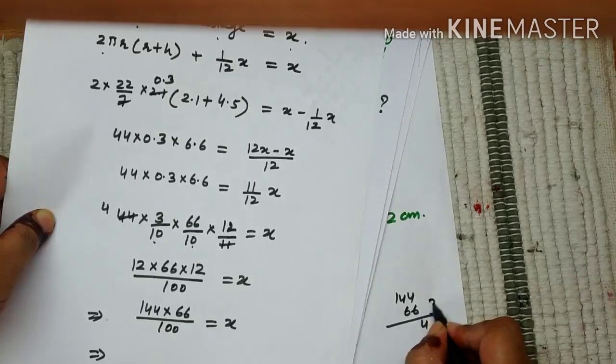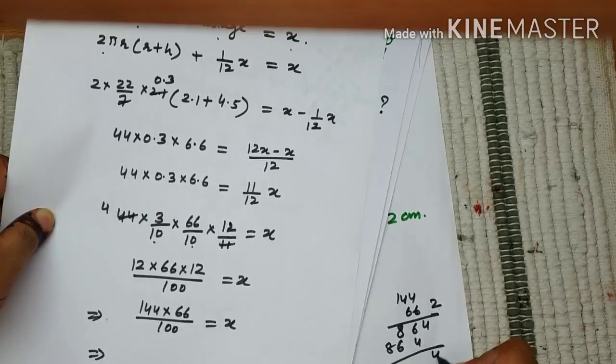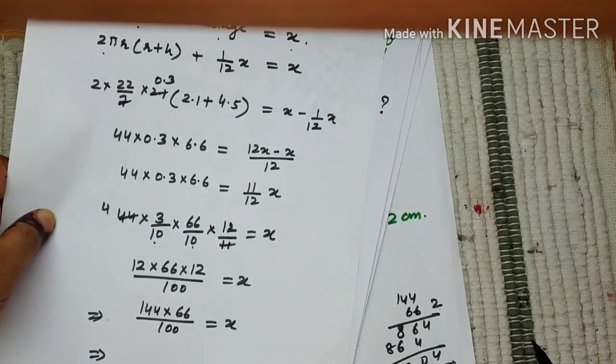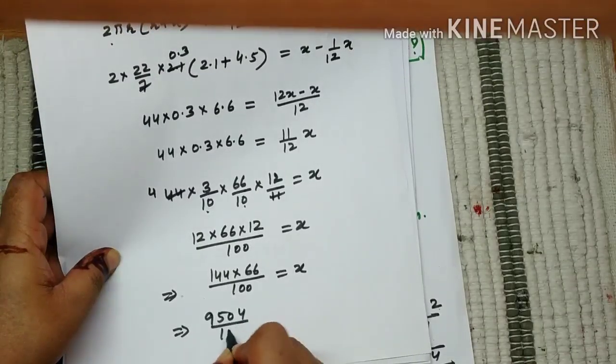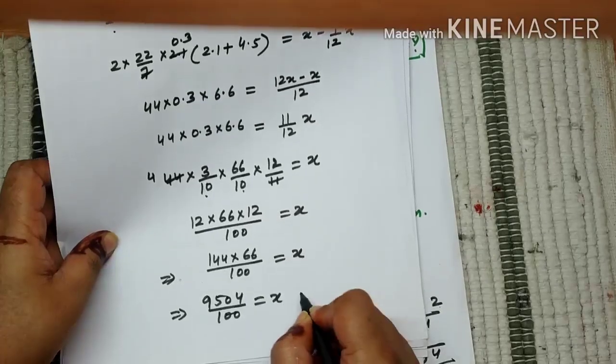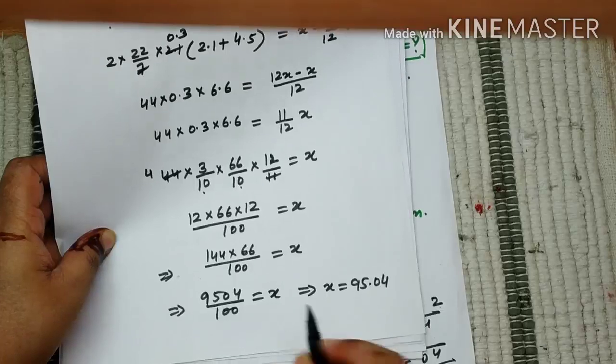6 4s are 24. 6 4s are 24 plus 2, 26, 8. 8 6 4. So do I get 9504? So 9504/100 is my x. So this implies x is 95.04.